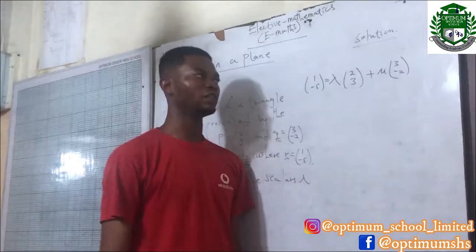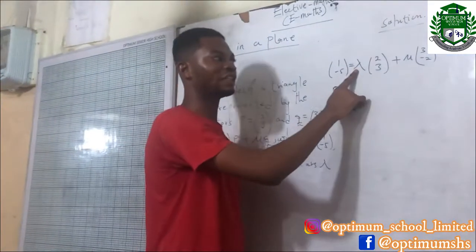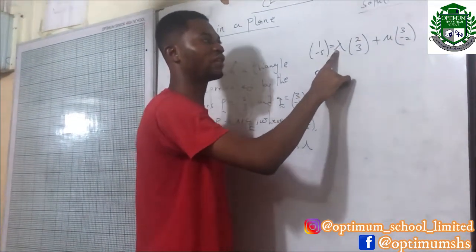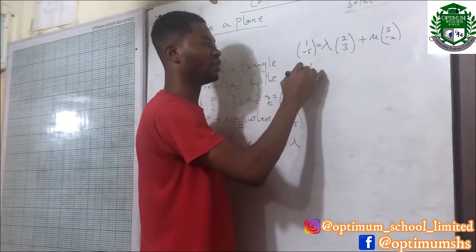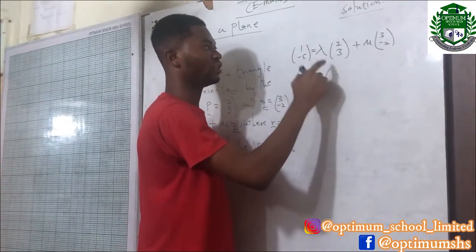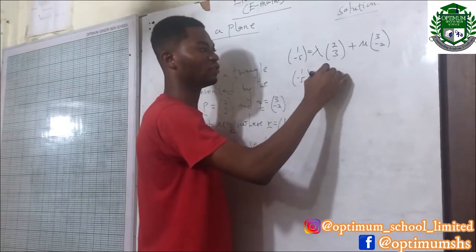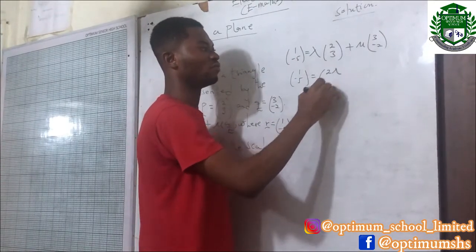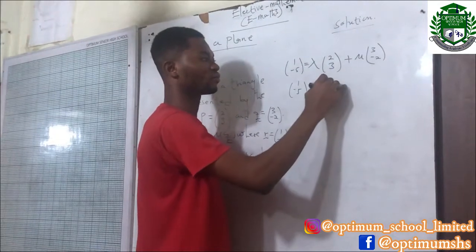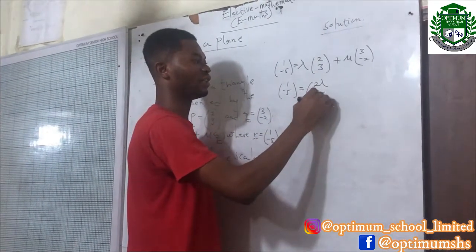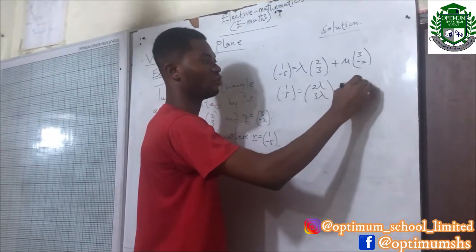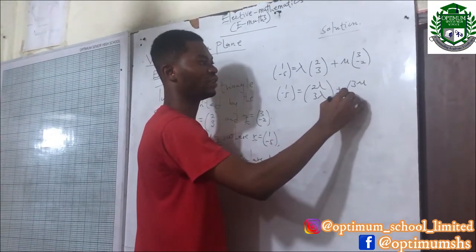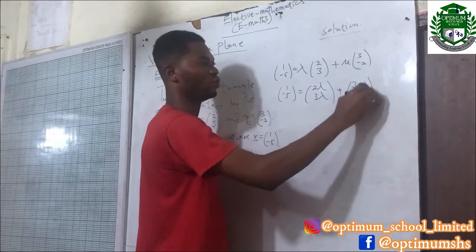How do we solve this? We have to multiply each of the scalars by the components of the vector. Now this times this will give us 2 lambda, and this times this will give us 3 lambda, plus this and this will give us 3 mu, and this will give us -2 mu.